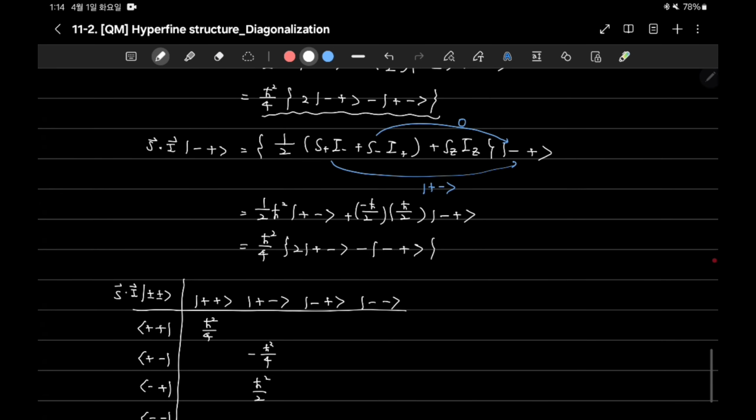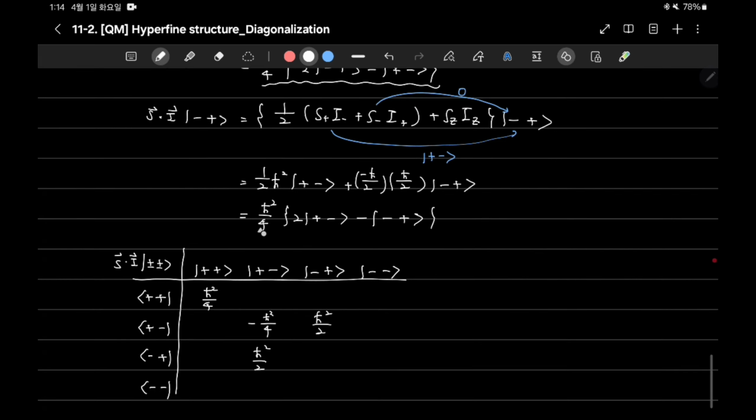And minus plus, when you apply minus plus and the plus minus apply, it is half ħ². And also when you apply the minus plus, minus quarter ħ².